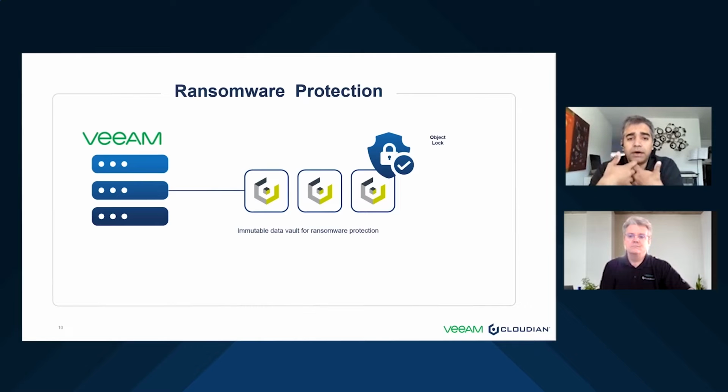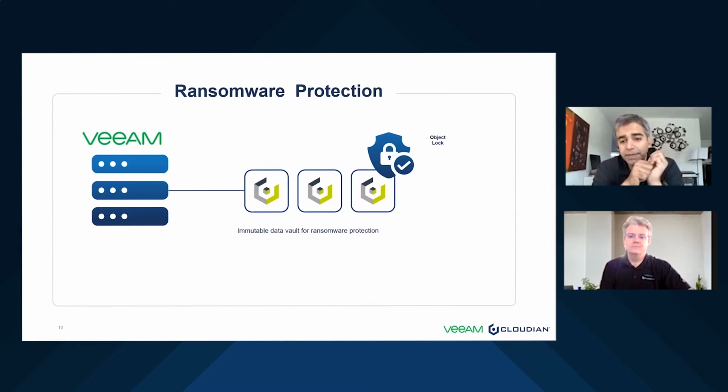Cloudian and Veeam together provide you your last line of defense by making your entire backup workflow immutable. And how they do this is with support for object lock. Steve mentioned that a little bit earlier.